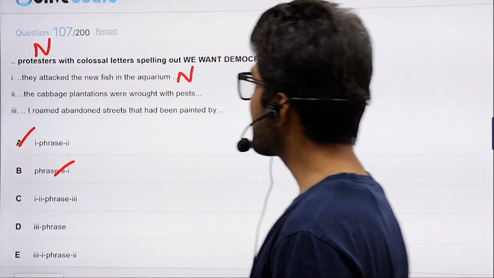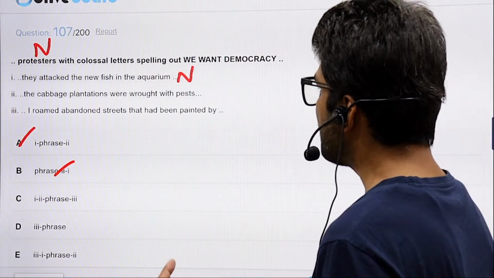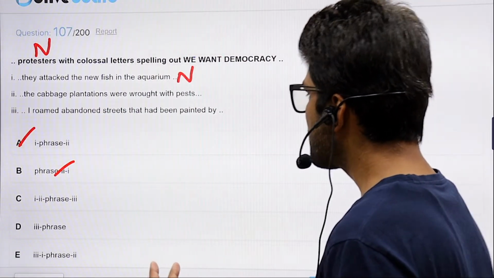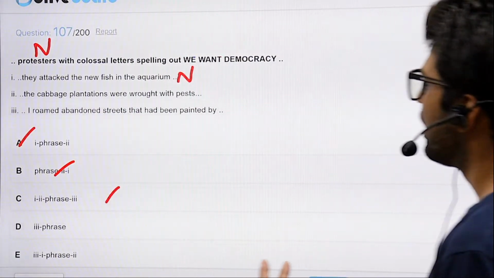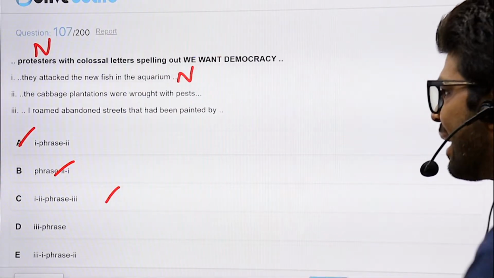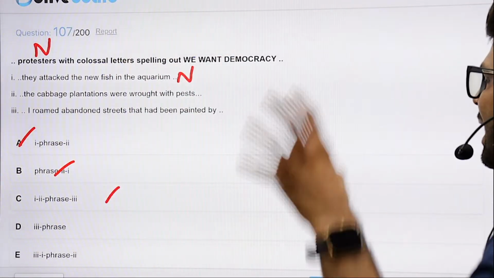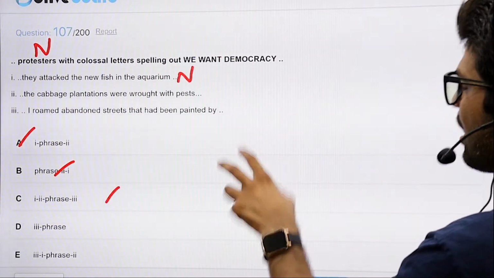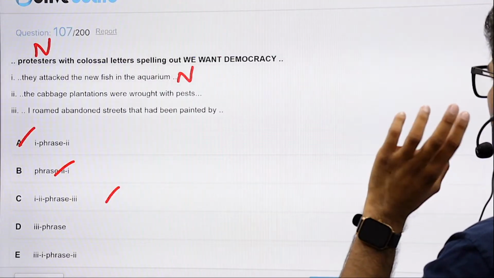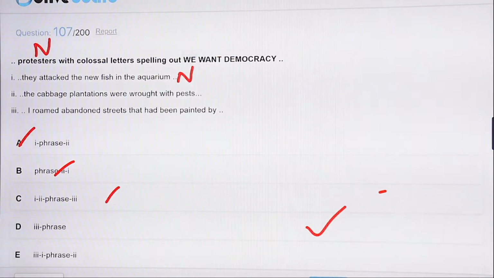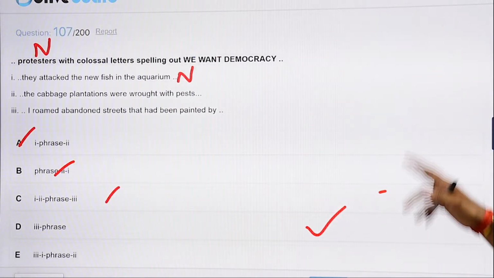No. First and second. First, they attacked the new fish in aquarium, the cabbage plantations, we don't have a conjunction. Third, I roamed abandoned streets that had been painted by protesters with letters spelling out "We want democracy." Has to be correct. Third and first, painted by they attacked, impossible. Prepositions can't have a subject.